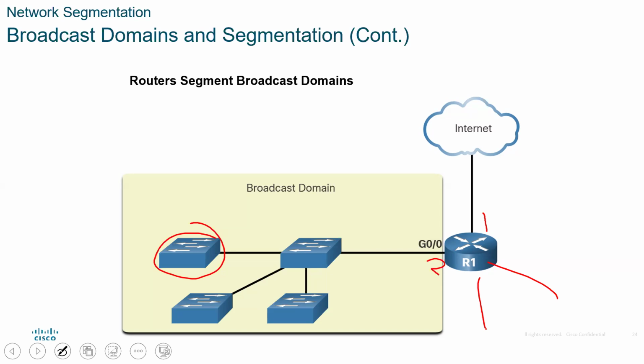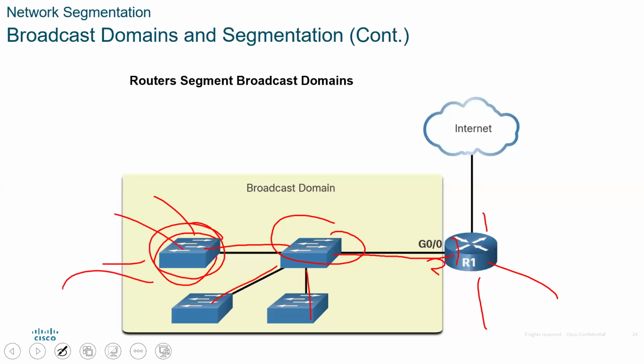So a router breaks the broadcast domain. You see this particular interface here is a broadcast domain. Why? Because this switch, anytime it receives a message, it will send it through all the ports. This one, once it receives, will send through all the ports.